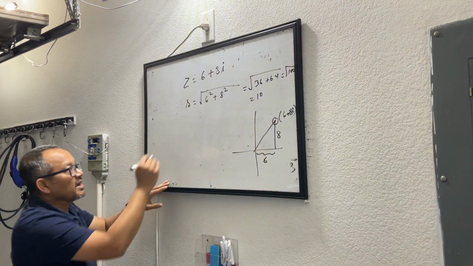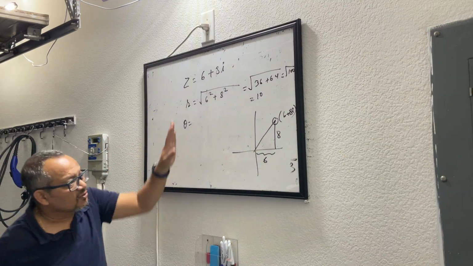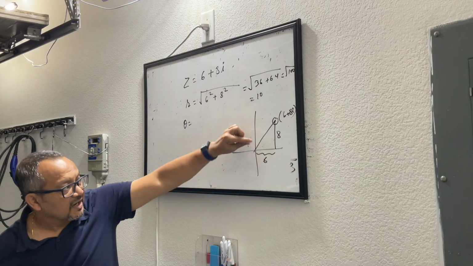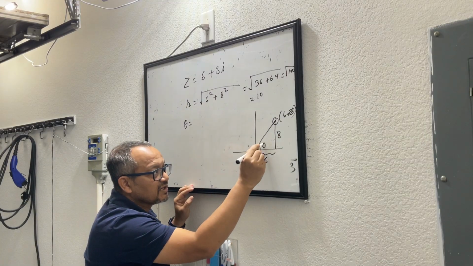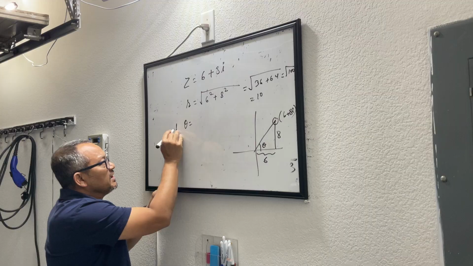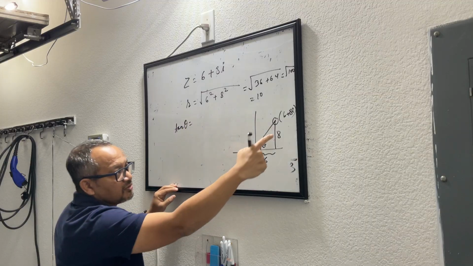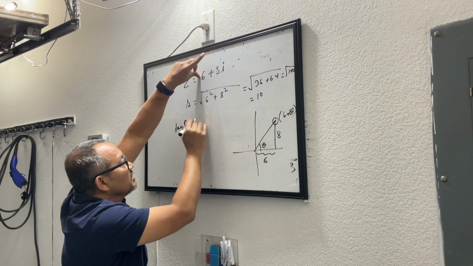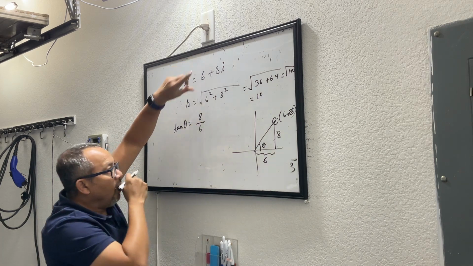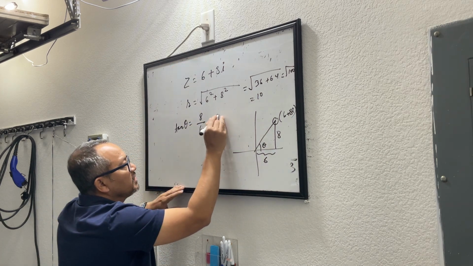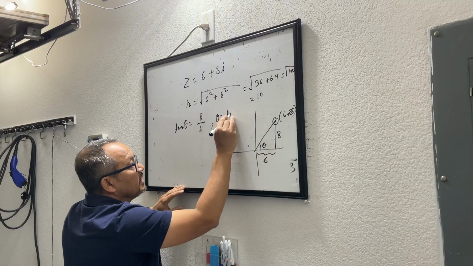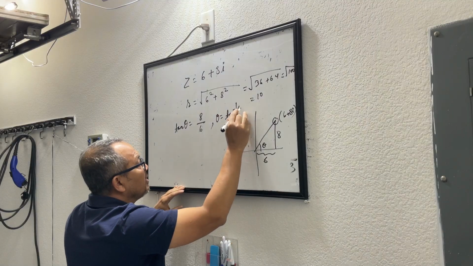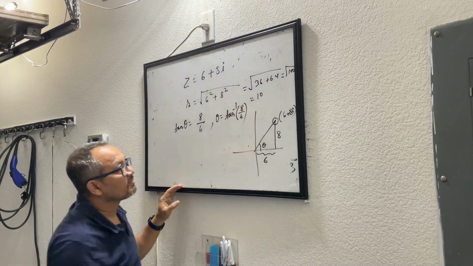So my theta, if I don't want to do much of a calculation, I will assume this as theta. So tan of theta would be equal to this by this, or imaginary component by the real component. Our theta will be tan inverse or arctan of 8 over 6.